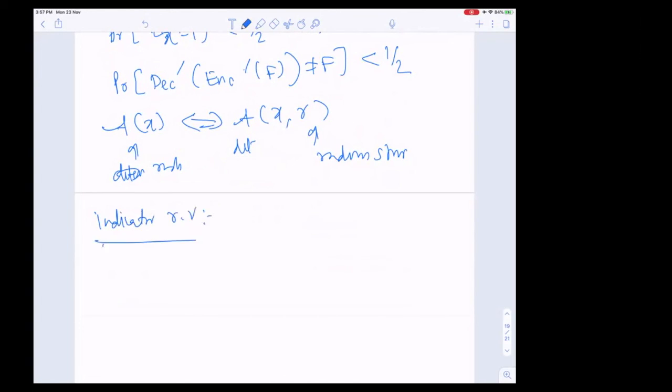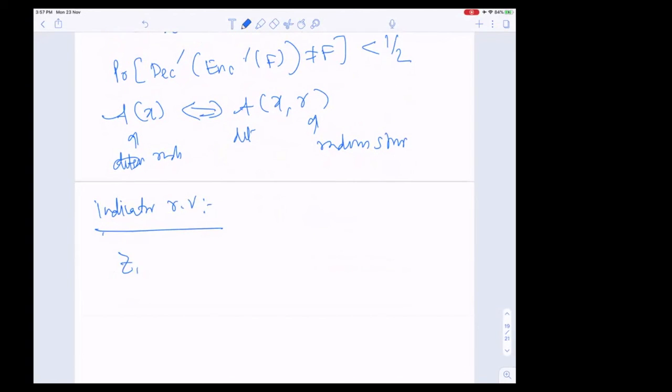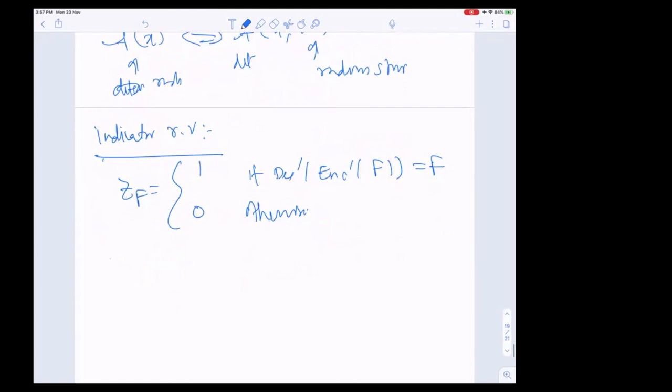Let Z_F be equal to 1 if decoding prime, encoding prime of F is equal to F, 0 otherwise. Now, if you take expectation over R of the summation of Z_F, F in your C, what is this?